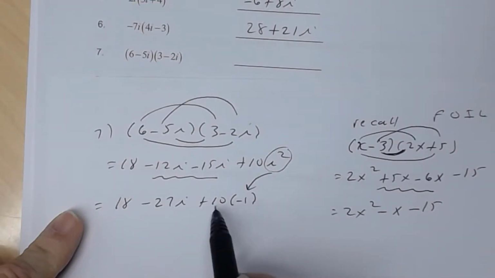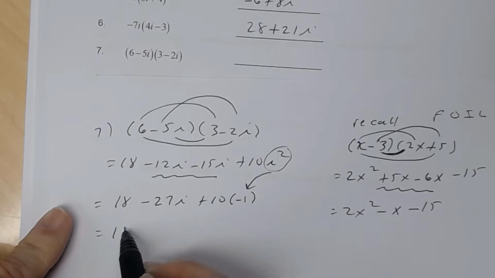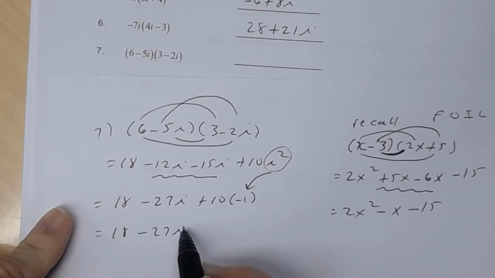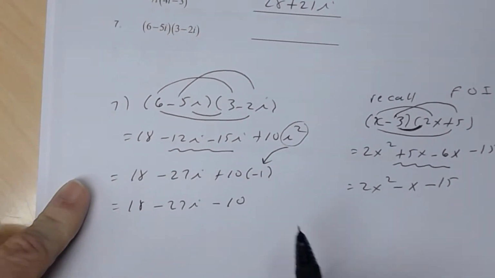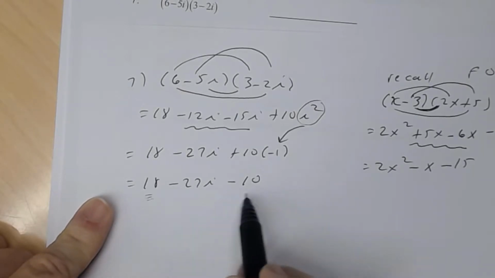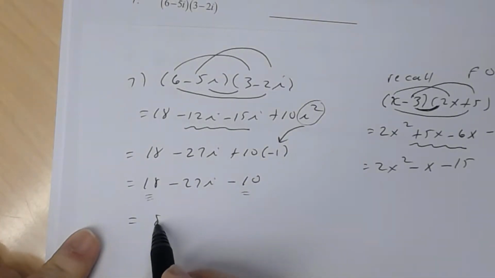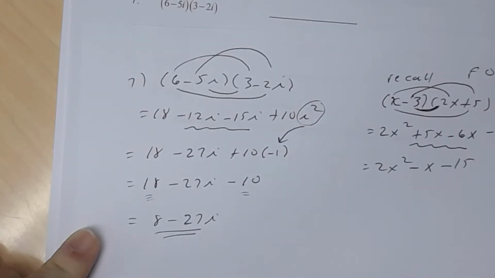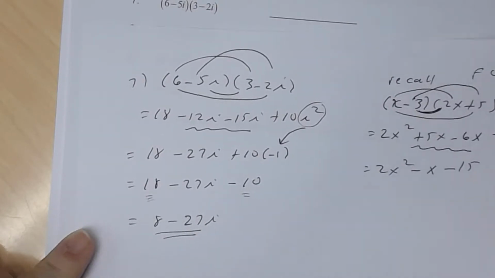Now, 10 times a negative 1 is a negative 10, so I'm going to write this as 18 minus 27i minus 10. And now combining your constants, 18 minus 10 is 8, so I get 8 minus 27i. So that's the answer to number 7, so 8 minus 27i.